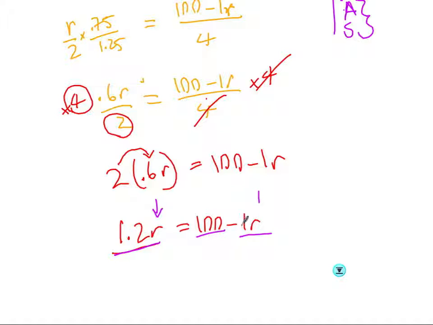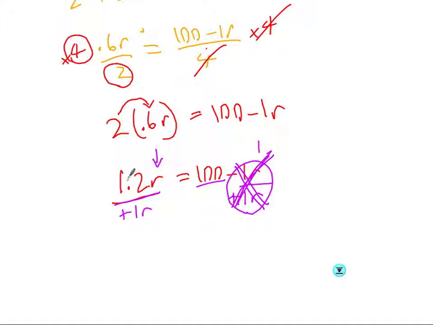So let's take this term right here. To move this negative 1r to the other side, we basically have to do the opposite, which is to add 1r to both sides, plus 1r. This is going to simplify to just 0. And here we have 1.2r plus 1r, which is going to be 2.2r equals 100.